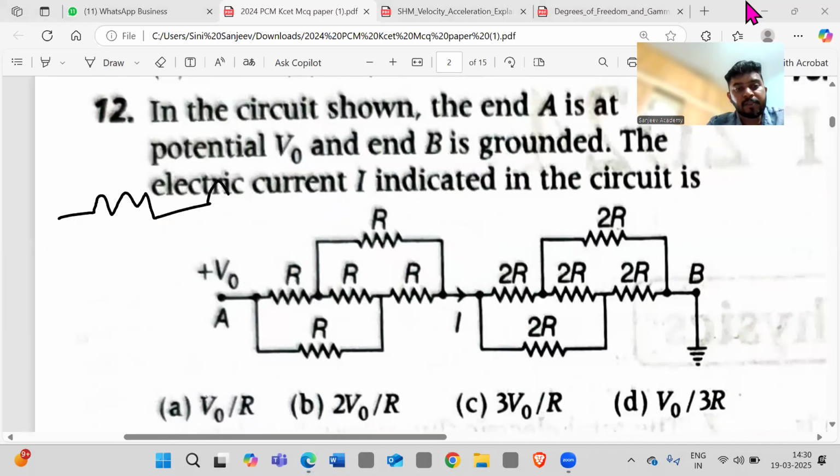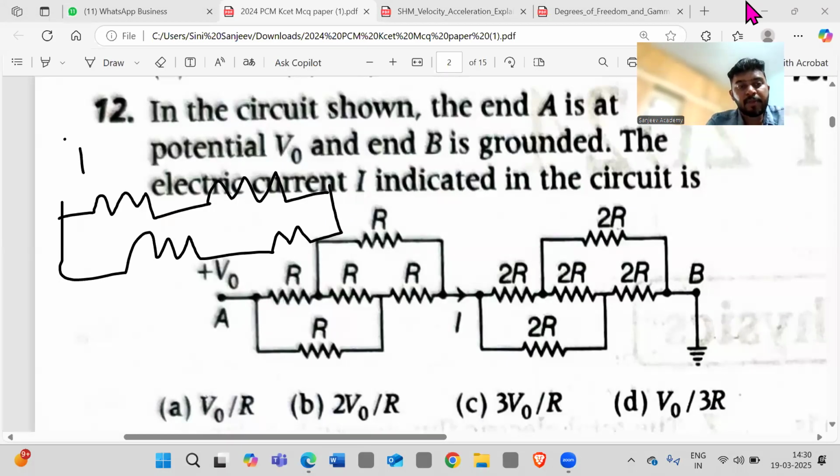So this is my resistance. This is one more resistance. This is my R. Four R's are there. Correct? Then what I'm doing is connecting it to the other side. On the other side, what is it? Two R's.